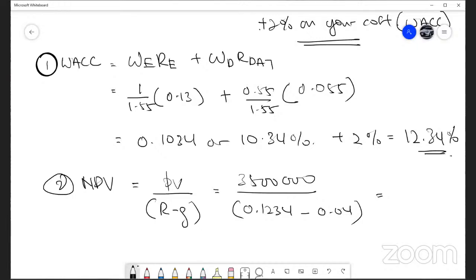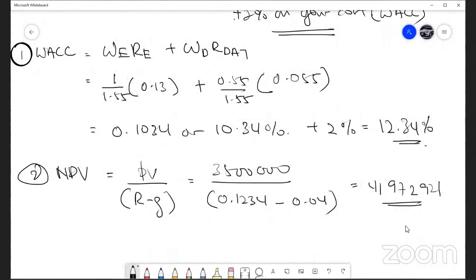You want to know the present value of the whole cash flow. So you get 41,972,921. This gives you a positive figure. Therefore, you cannot accept this project.